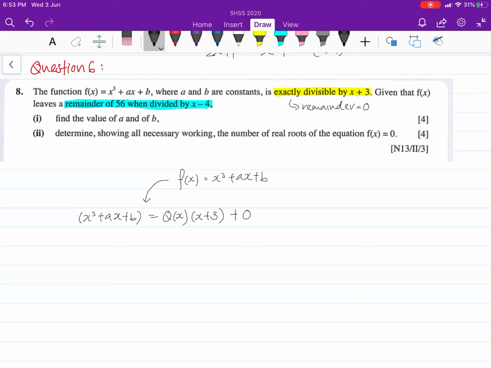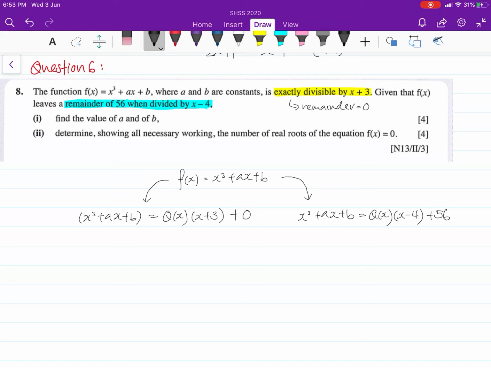So I can write one equation here, and another equation will be x cubed plus ax plus b equals the quotient multiplied by the divisor, which is x minus 4, plus the remainder of 56.